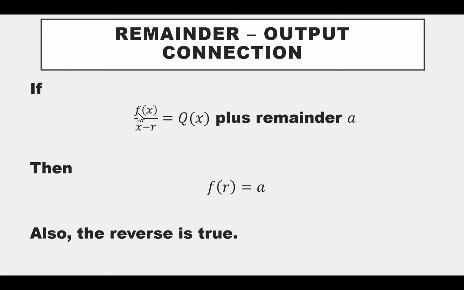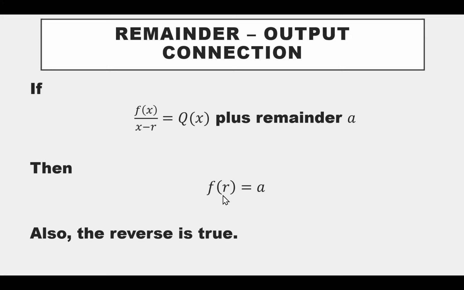If I have a polynomial function and I divide it by x minus r, this f of x does have to be a polynomial function, and I end up with the quotient plus a remainder of a, then when I plug in the r into my polynomial function f, I will in fact get an a.